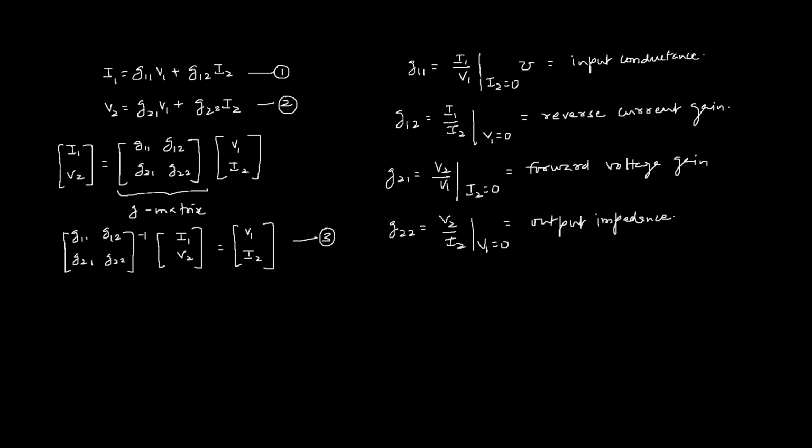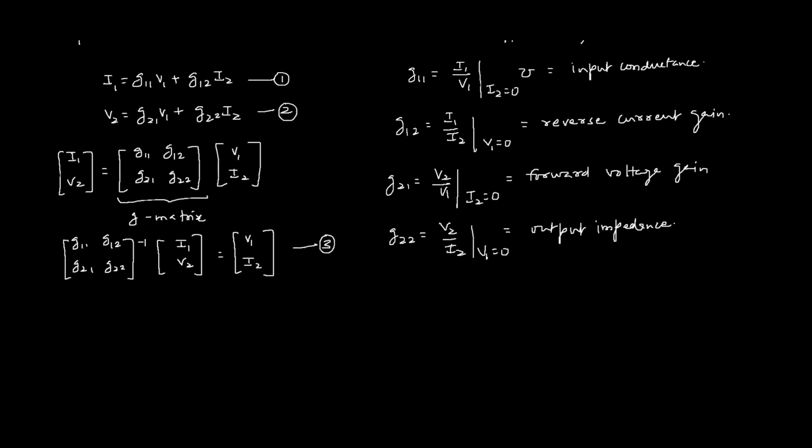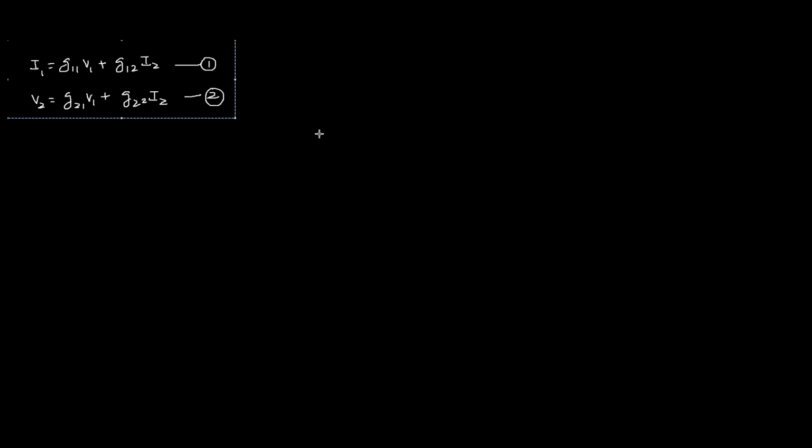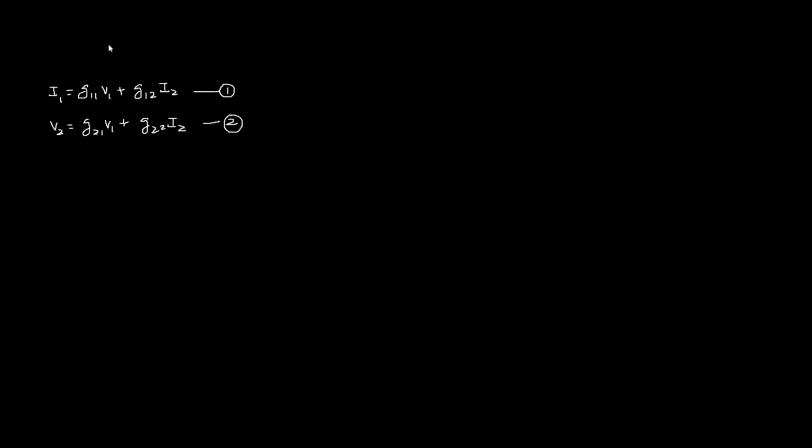Now let's draw the equivalent circuit for the equations of G parameters. In the first equation, on the left hand side we have current. So on the right hand side, the two quantities are also current, and a sum of currents is possible when the two components are connected in parallel.